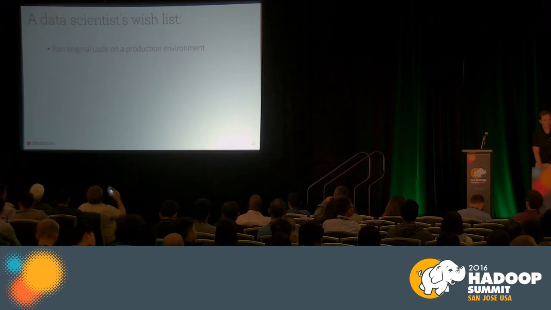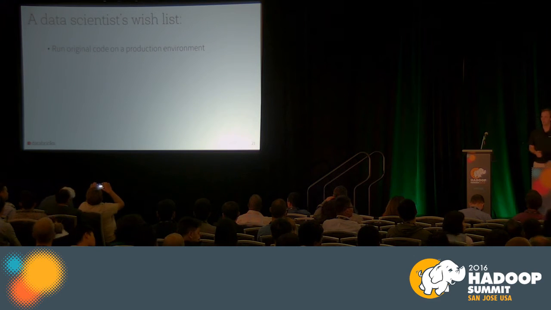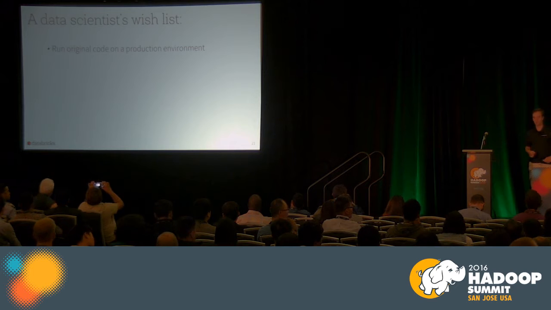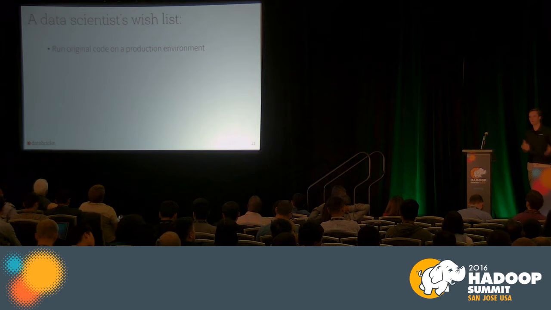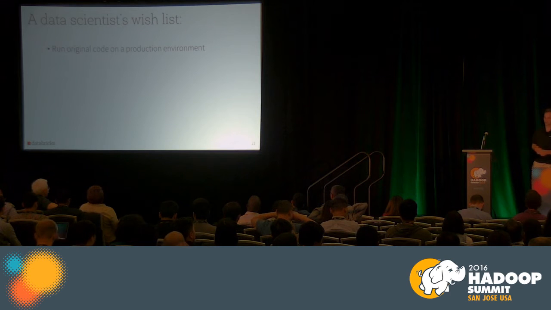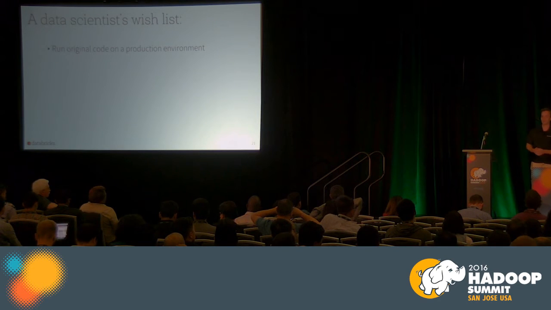So if you're a data scientist, what are you really hoping for when you are working in a team? The first one is to make sure that the code you are running would hopefully be the same as the code that you're going to deliver to the production team.